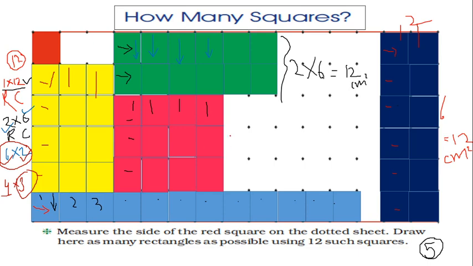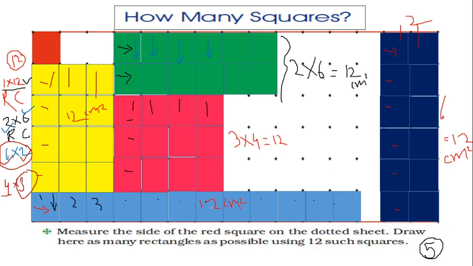Again, this is 3 into 4 or 4 into 3. You can write this way, is equal to 12. 4 into 3 is equal to 12. Again 1, 2, 3, 4. This is also 12 centimeter square. This is 1 into 12, 12 centimeter square.